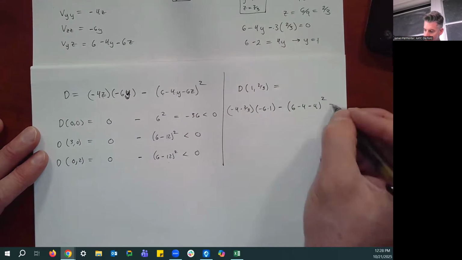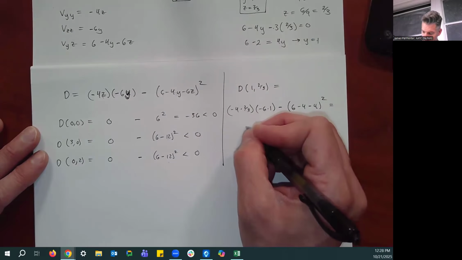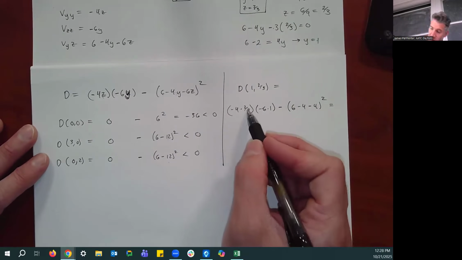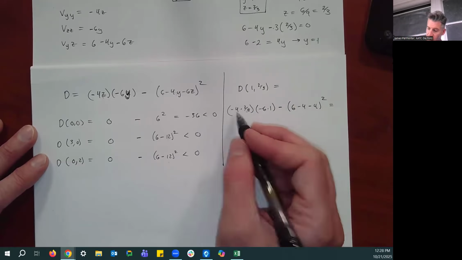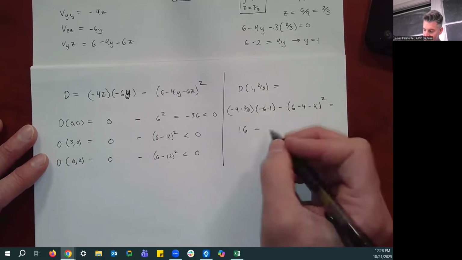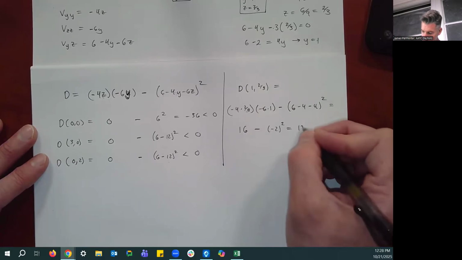Negative 6 times negative 2/3 is negative 4, and negative 4 times negative 4 is 16. Minus 6 minus 8 is negative 2 squared. We're in good shape. That's going to be positive.